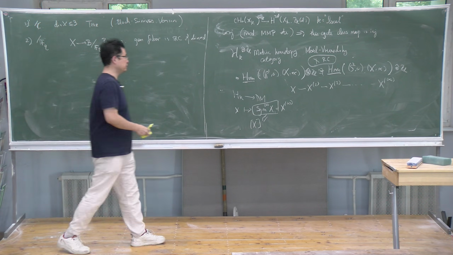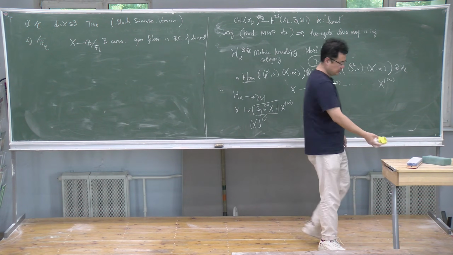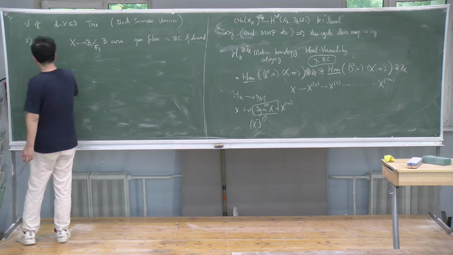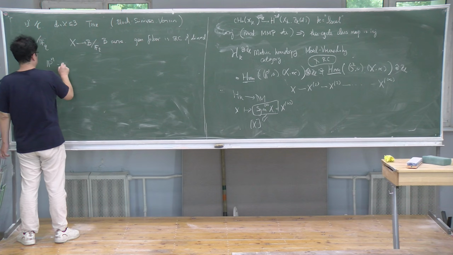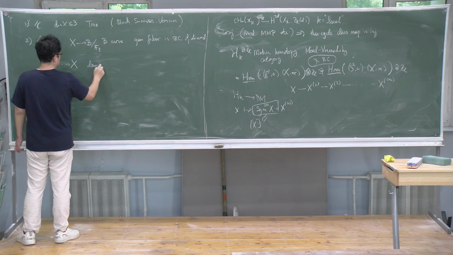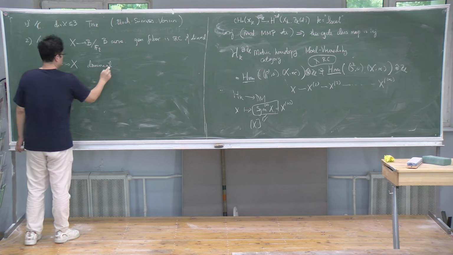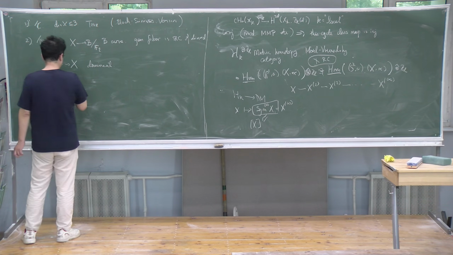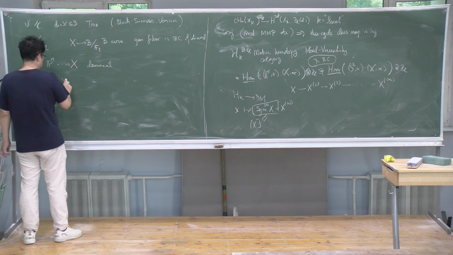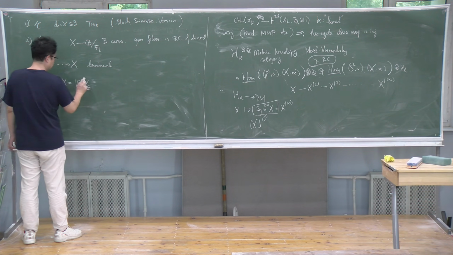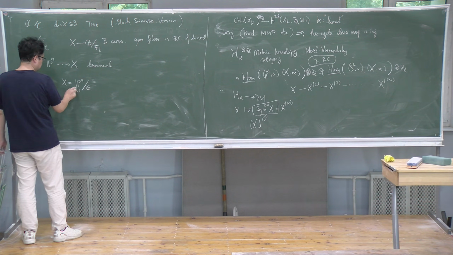And then maybe I'll just leave with one question. It's very simple. What if X is dominant by, or maybe even better, P^m of G, so it's G acting on P^m?